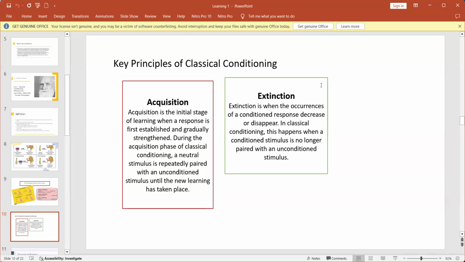Because of this association or bonding of the neutral stimulus and the unconditioned stimulus, sometimes even when there is no unconditioned stimulus, no more bonding or association, the child will continue to like doing presentations, not only English, but mathematics, science, and other subjects as well.